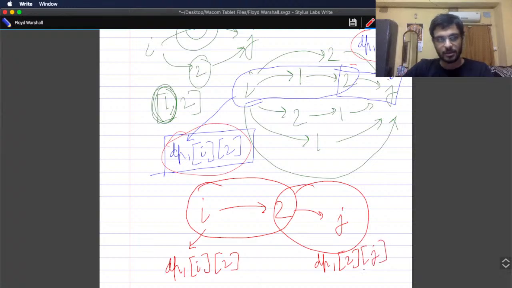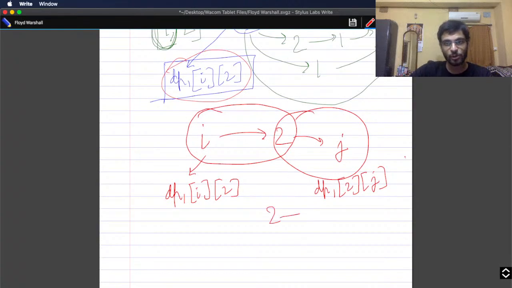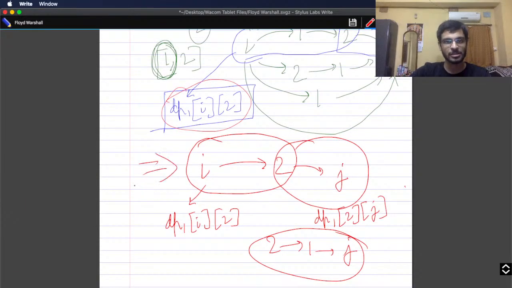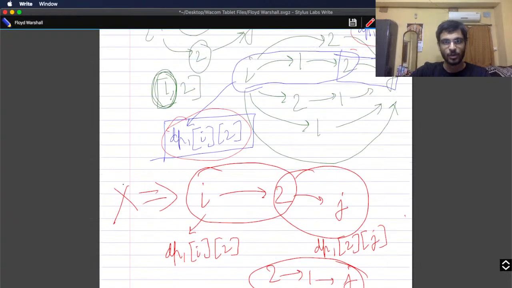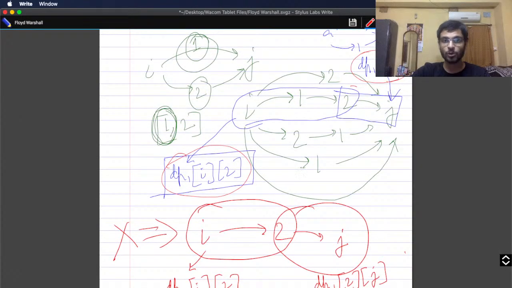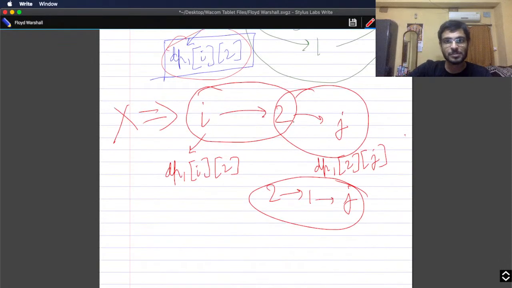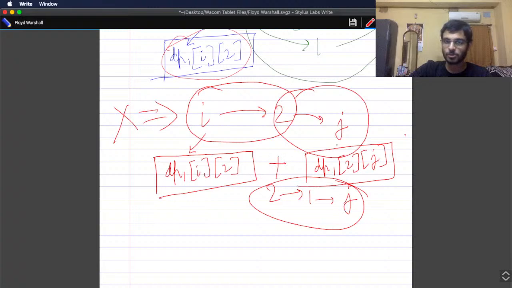Suppose this is not the case, and 2 to 1 to j is a better path than 2 to i to j, then this cannot be the shortest path, right? What are we talking about? Shortest paths where 1 and 2 are in between. So if this is the shortest path among all these 5 possibilities, then this must be the shortest path from i to 2, and this must be the shortest path from 2 to j. So by adding these two values, I can find out.